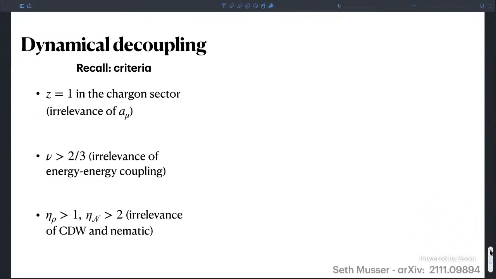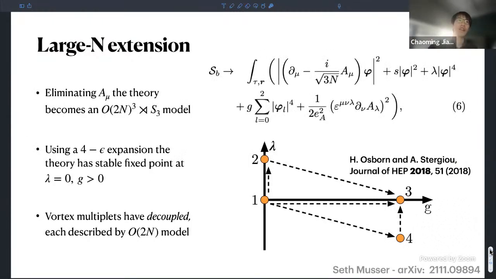Hi, Seth. Yeah, sure. So this is large N, and you also have to do 4-epsilon, or that's just the easy way to think about it? That's just an easy way to think. So Stergiou also did some bootstrap as well for this type of transition. I think, yeah, so it may actually be necessary to do the 4-epsilon.